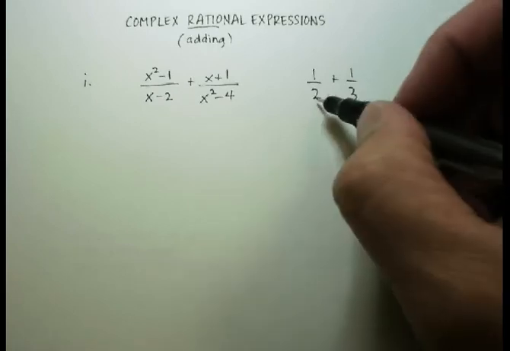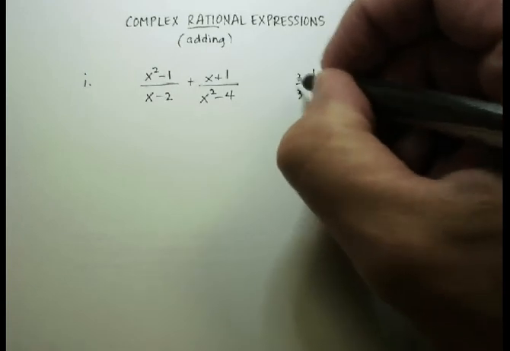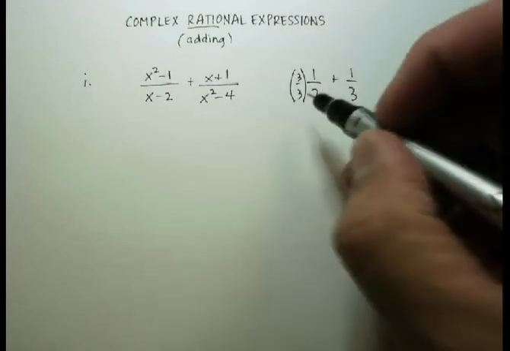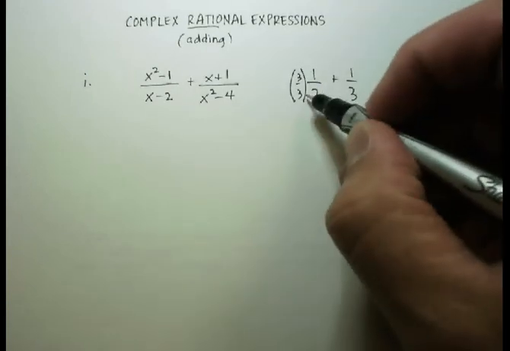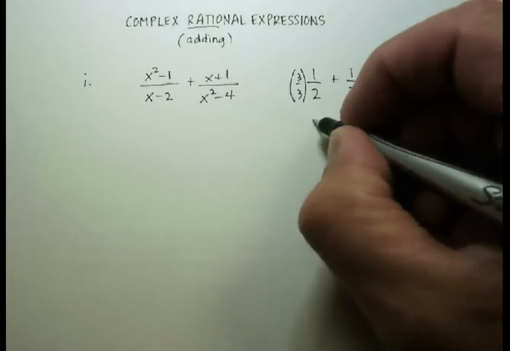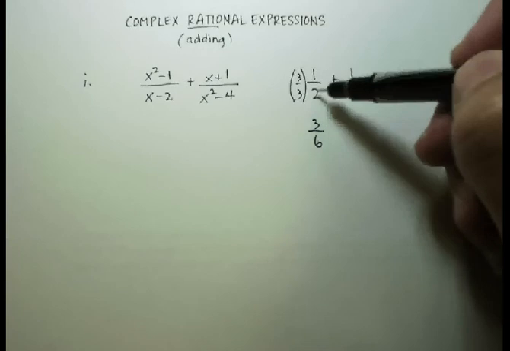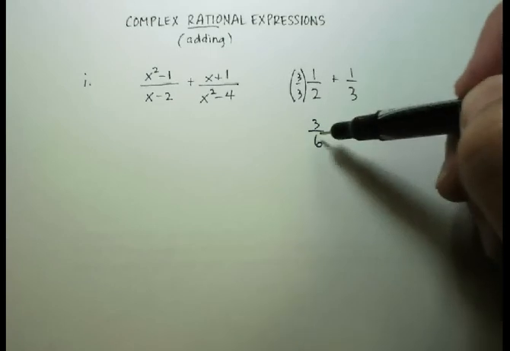So I'm going to multiply 1/2 by 3/3, because when I do that, I get a denominator of 6 and a numerator of 3. So that becomes 3/6. In other words, I just changed 1/2 to 3/6.